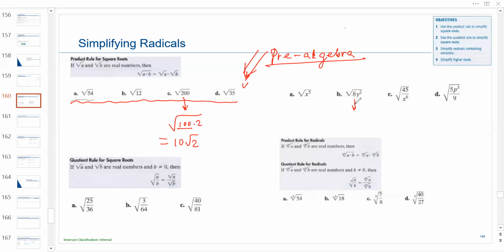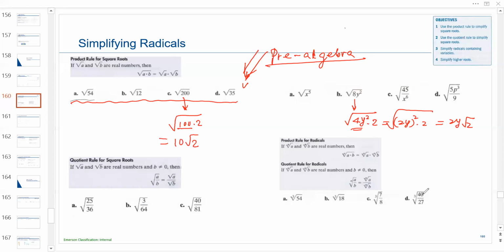This one can be rewritten like this. And this part is 2y squared, and the 2y can be taken out to simplify it.